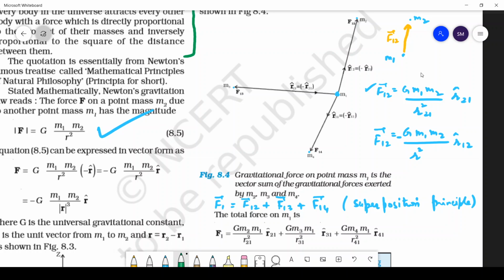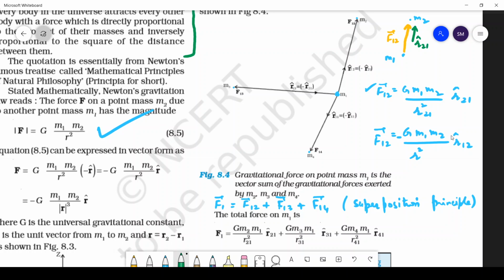Now, what is this R21 unit vector? Reaching 2 from 1. That's also the direction of the force, reaching 2 from 1. So both are in the same direction, you can see.